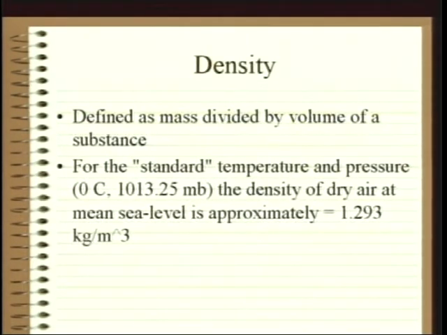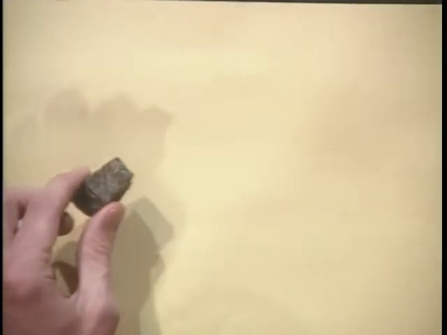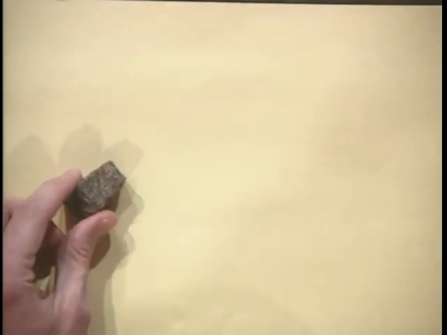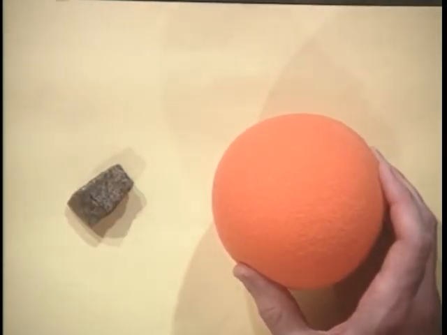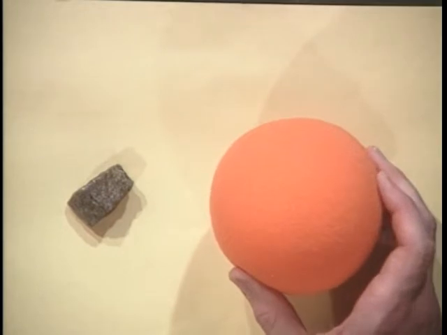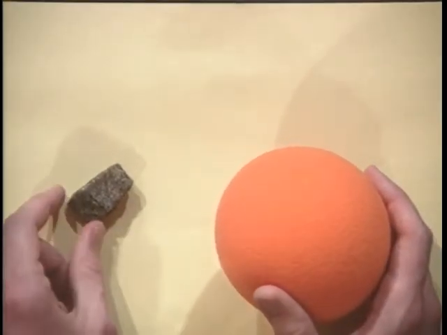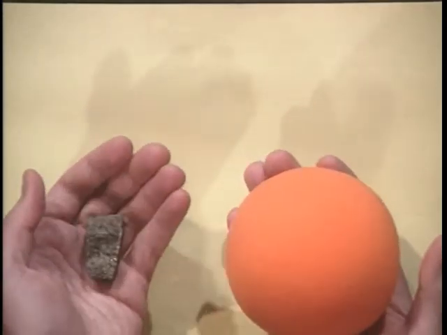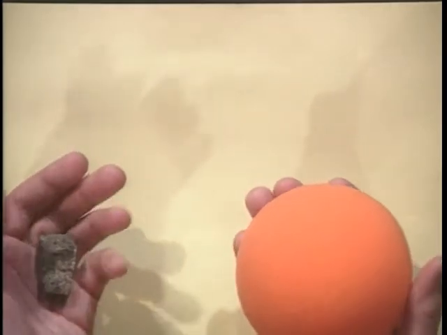On the overhead, we'll take a look at two objects that have a very different density. Object one here is a rock, which is fairly dense. And then we have a foam ball here, which has a much smaller density. This foam ball is much bigger than this rock, but yet when I hold them, their masses feel like they're about the same.